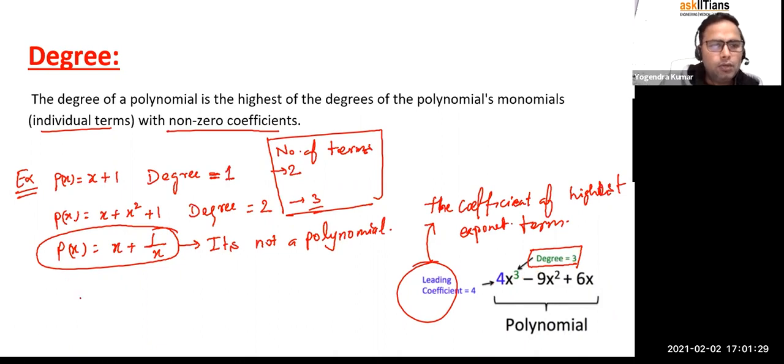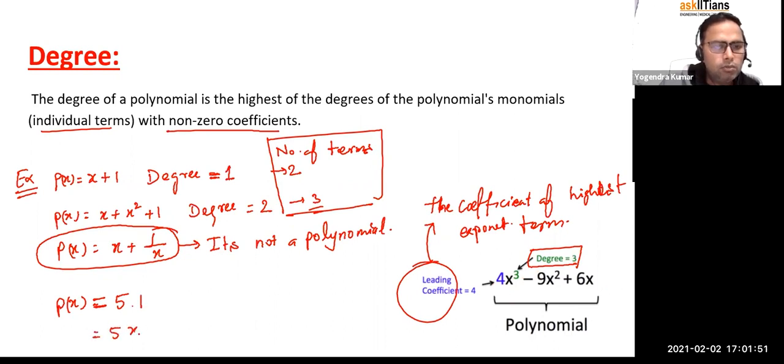Now they ask, what if there is a constant polynomial, p of x is equal to 5? What is the degree of a constant polynomial? What is there here actually? Do we have 1 here? Yes, for every number 1 is present there.